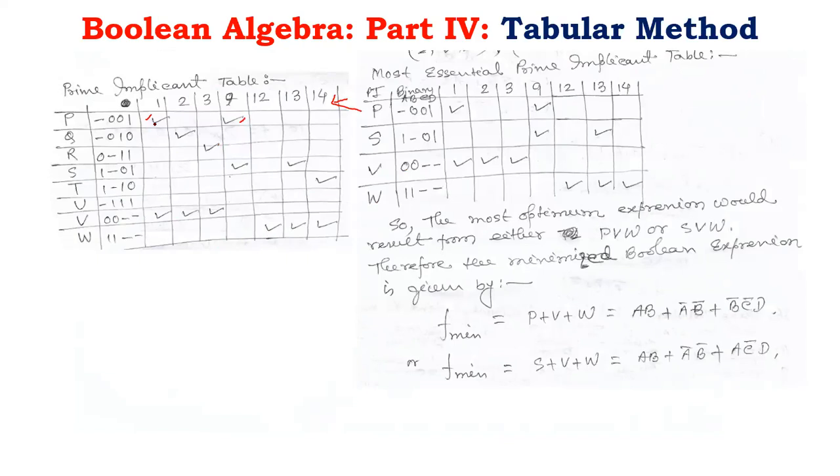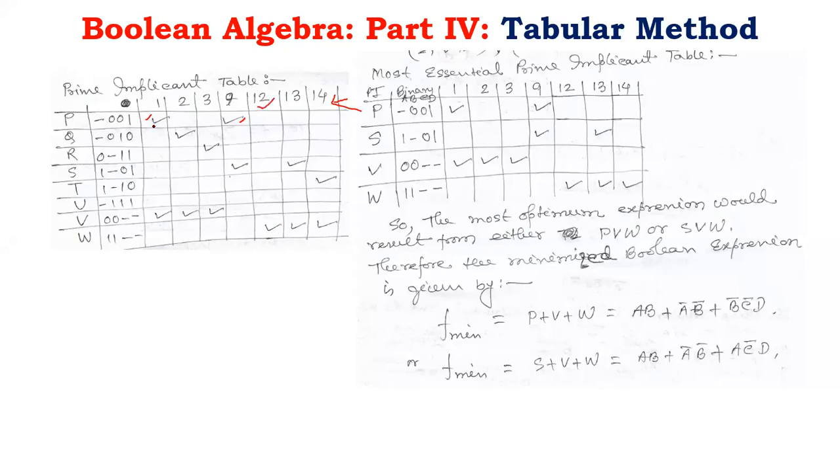Okay. For P, if we take P, then we will get 1 and 9. Now W is the essential prime implicant. So most optimum expression would result, suppose if we take W, then we will cover the 12.